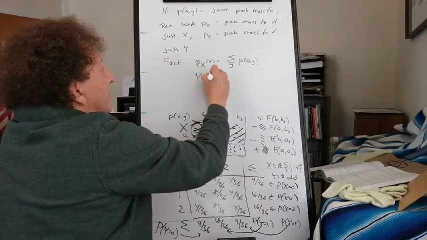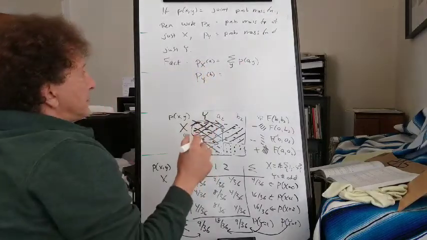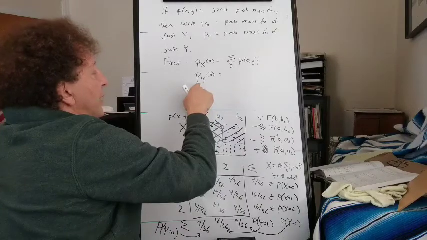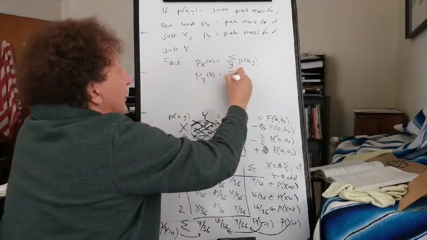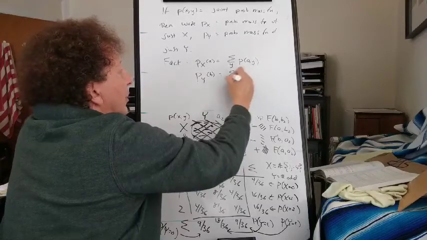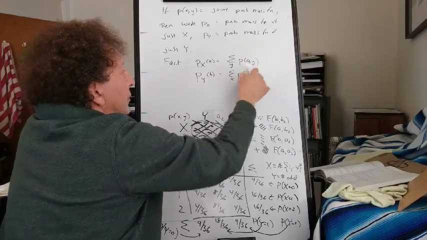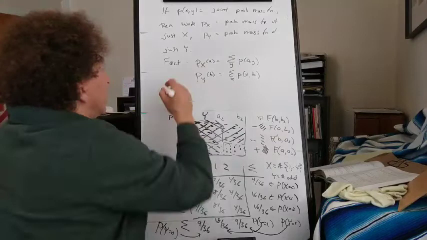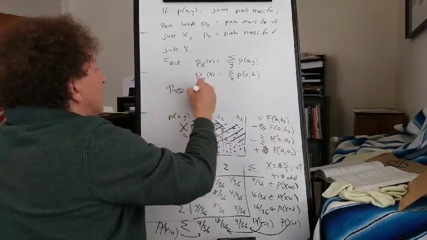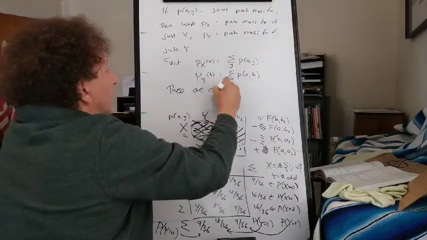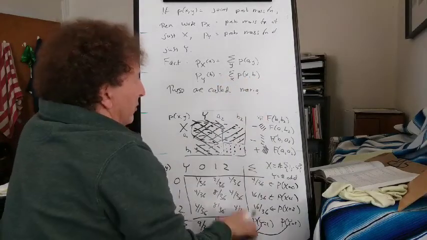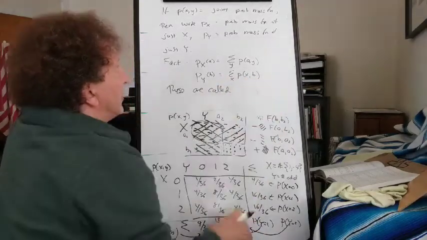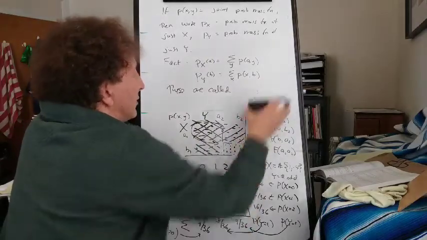And if we want to evaluate the probability mass function for y at just one number b, then we sum over all values of x with b plugged in for y. These are called marginal probability mass functions.